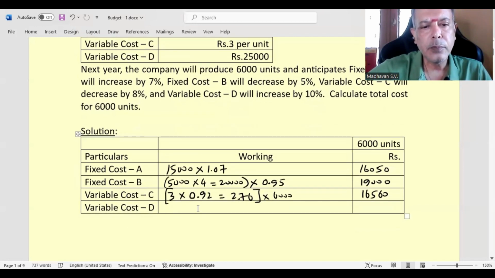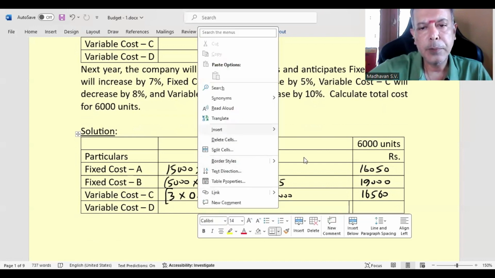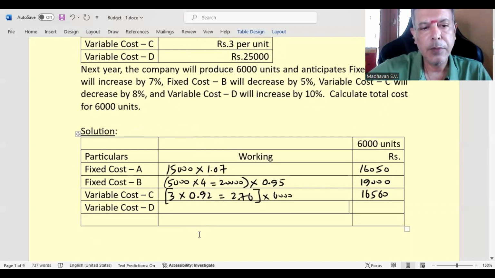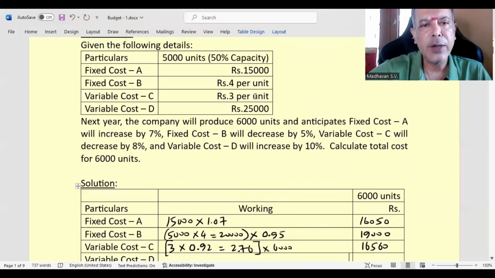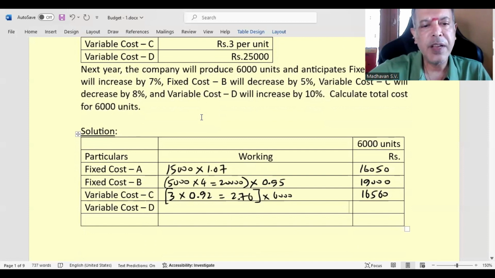Right? We create one more below here for the total. Okay, variable cost D. It will increase by 10%. Variable cost here it is given in terms of total, so I need to divide it by the number of units. 25,000 divided by 5,000 gives you 5 rupees.